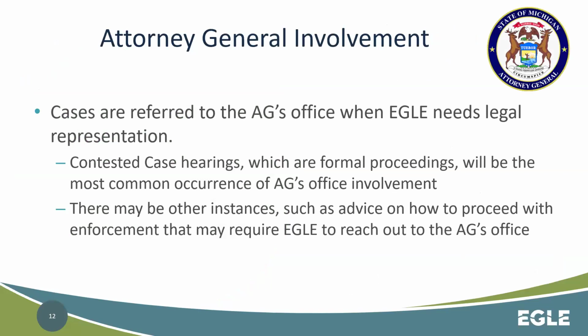We may ask for advice on how to proceed with enforcement. We may have some questions related to what the law says and what our authorities are, or if they sue us, or they sue the health department, or they sue the state. We use the AG's office as our representing attorney in those dispositions.